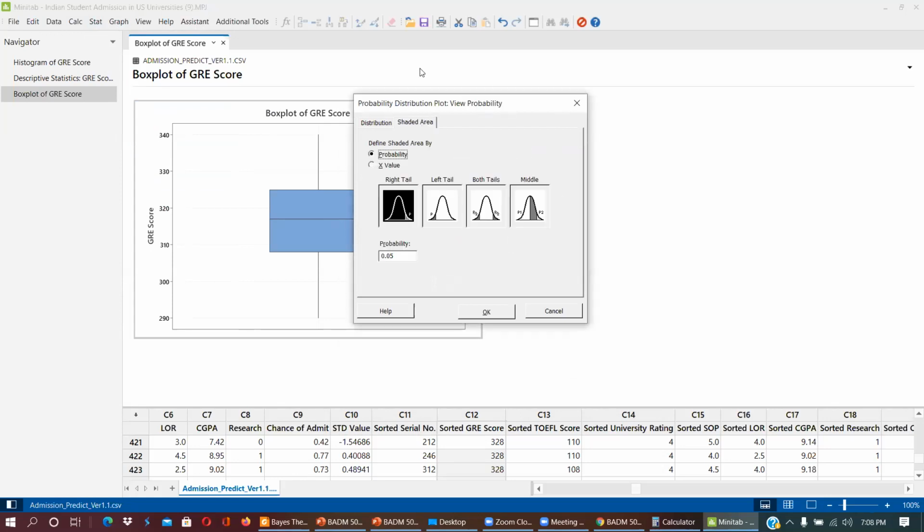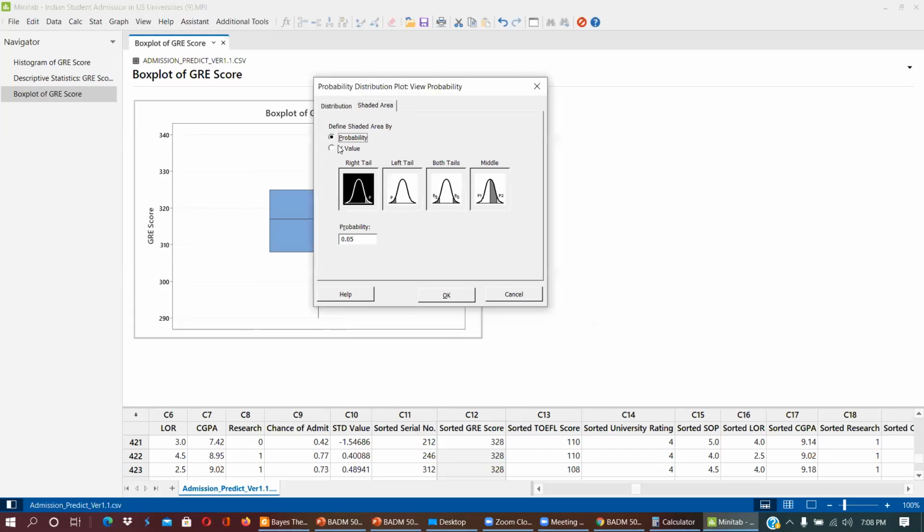Look into this. Now I'm going to see the probability and x values. This is a probability and x value. So I'm just going to use this.